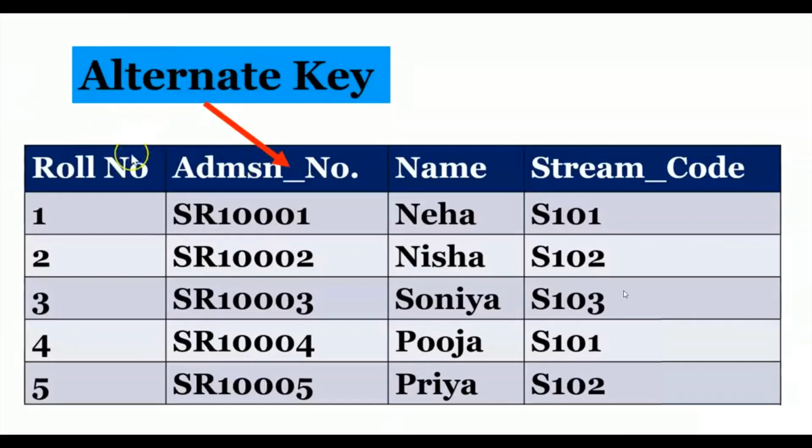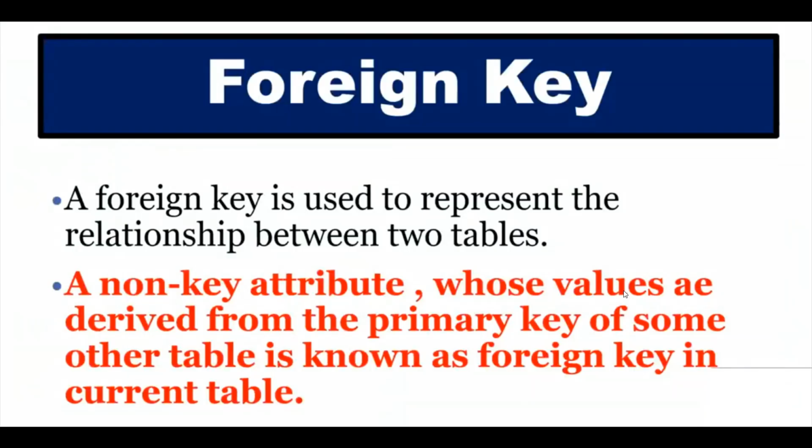Next is foreign key. As the name suggests, foreign key is used to represent the relationship between two tables. Two tables. Here we will not talk about just one table. Here we will be talking and working upon two tables. So what is this?